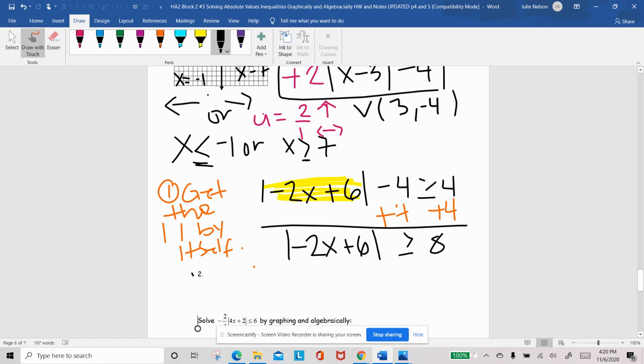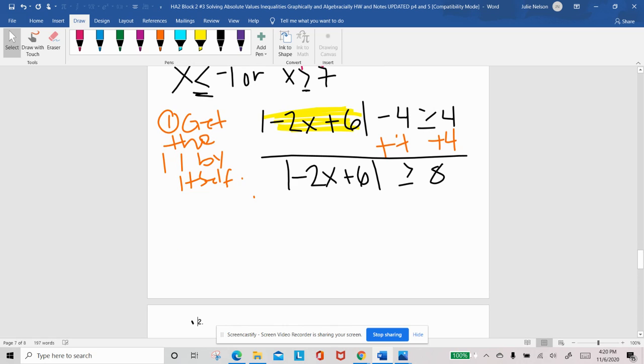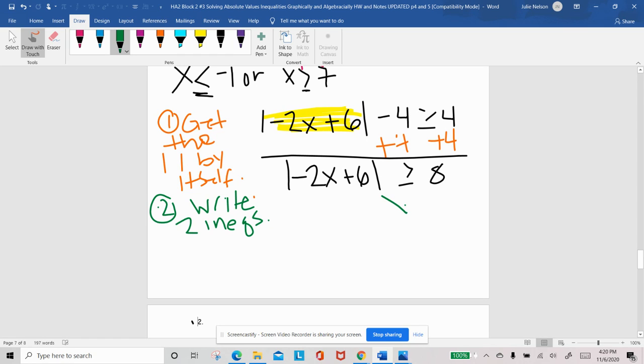So now I have my absolute value by itself. Now I want to write 2 equations. So step number 2 is write your 2 inequalities. One always stays exactly the same. So negative 2x plus 6 is greater than or equal to positive 8.